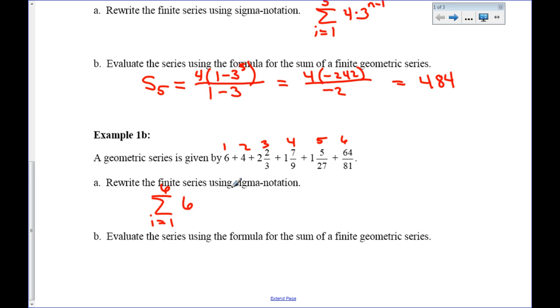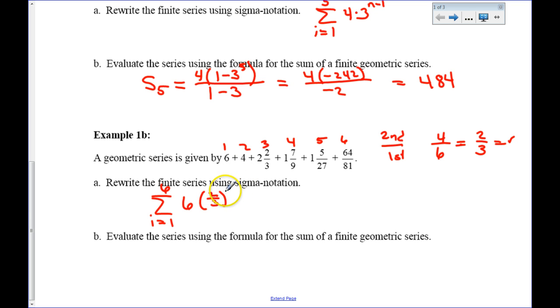The easiest way to find your ratio is to take the second number divided by the first. So if you take 4 divided by 6, that's the same as 2/3. So you always take your second divided by first. That's your r value. So 2/3.